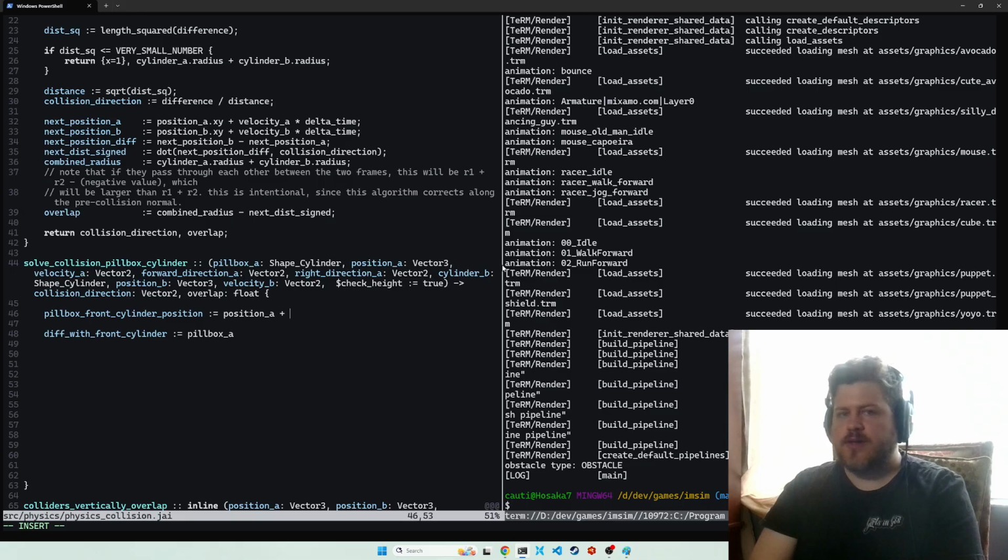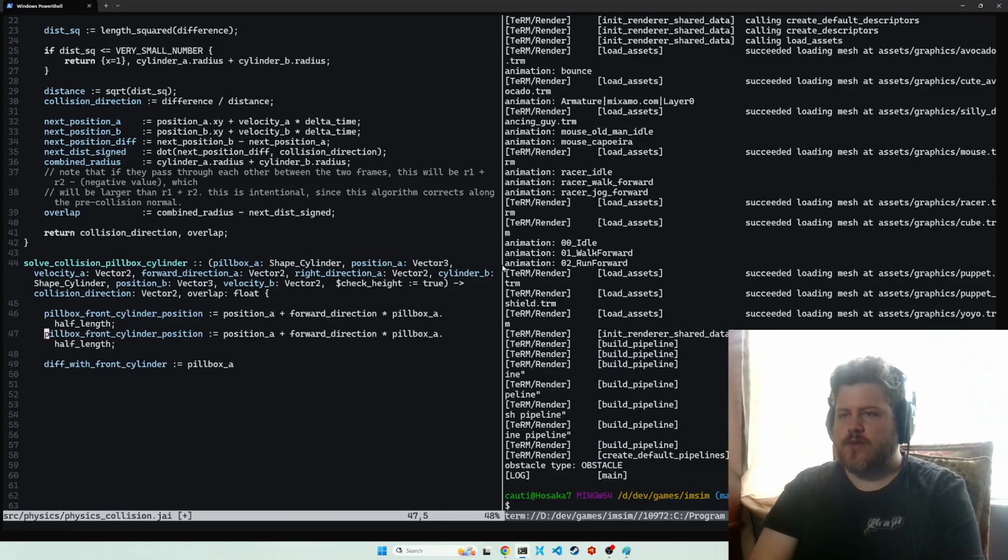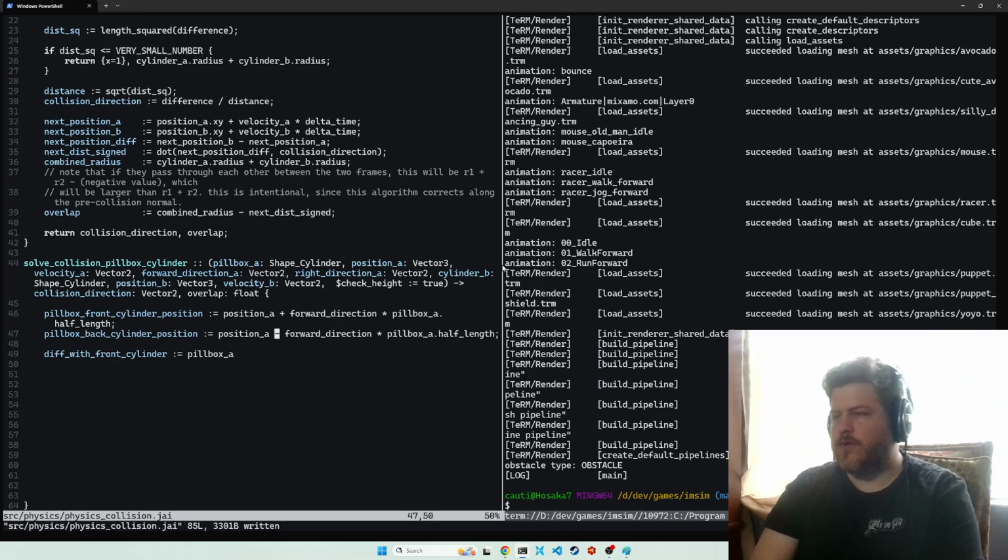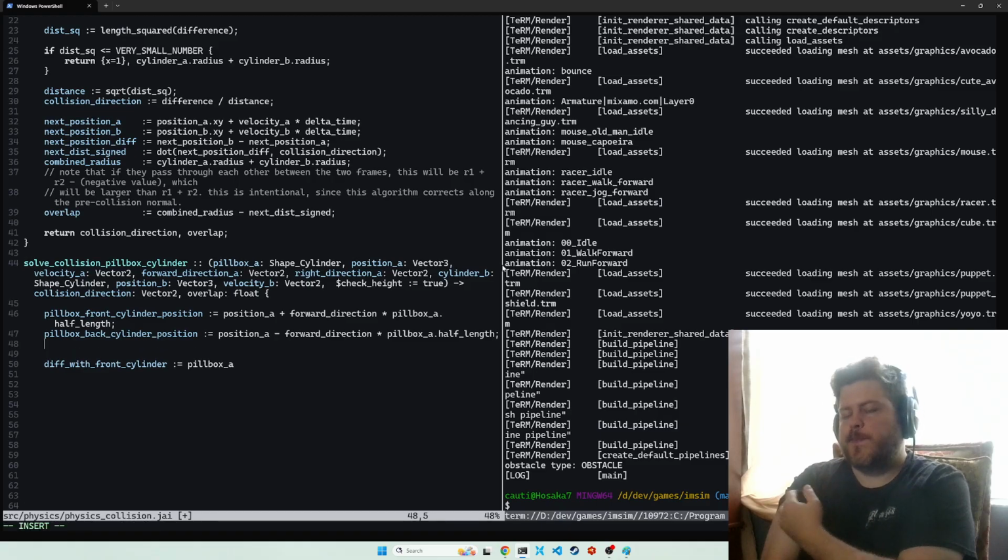So we're going to take position A, and we're going to add the forward direction times the pillbox A dot half length, and then for the back cylinder, the position is the same thing, but minus the forward direction. Okay. So now I have the positions of the two cylinders.